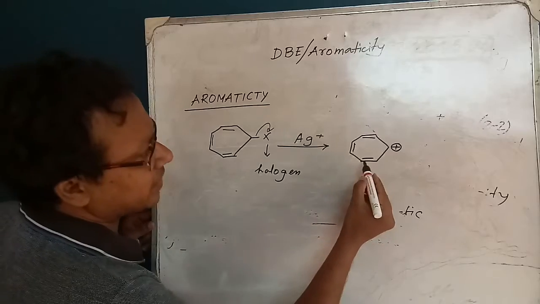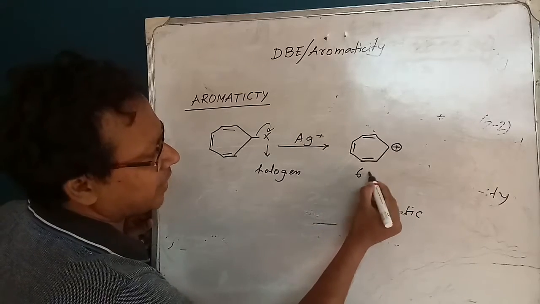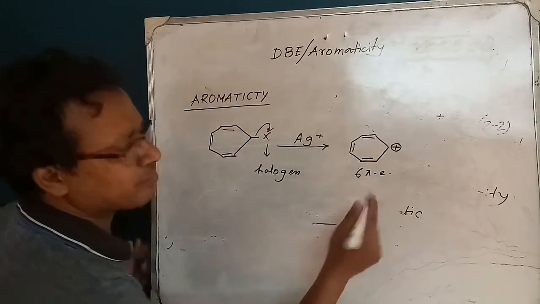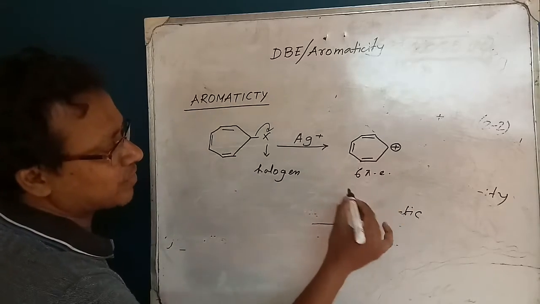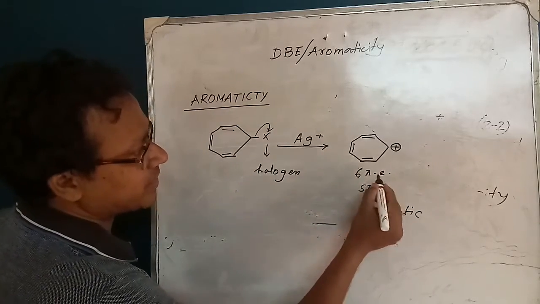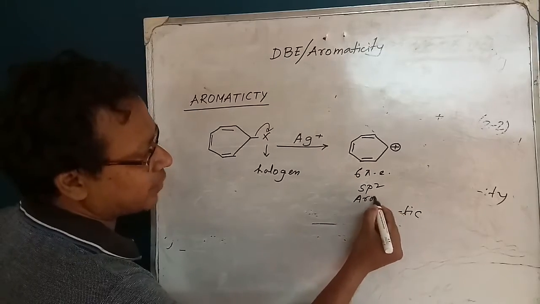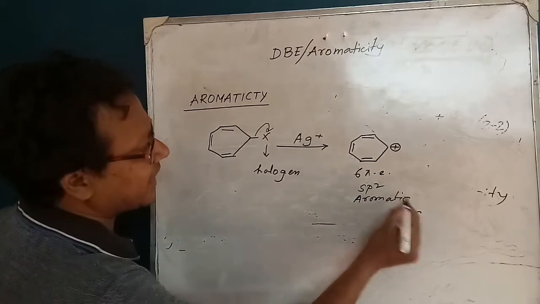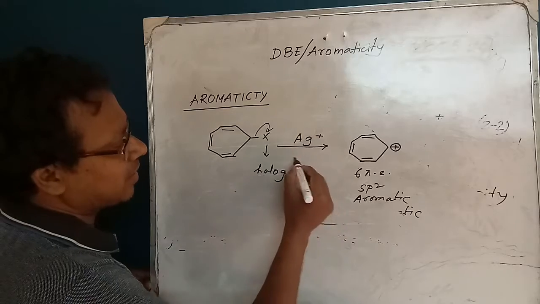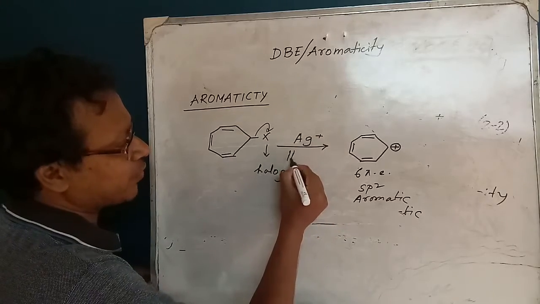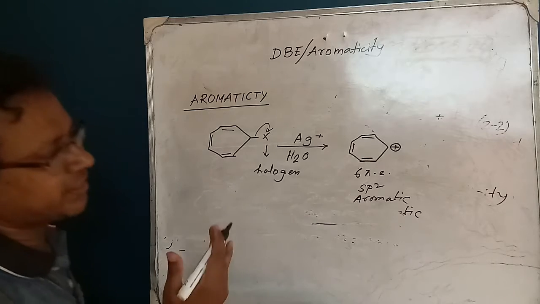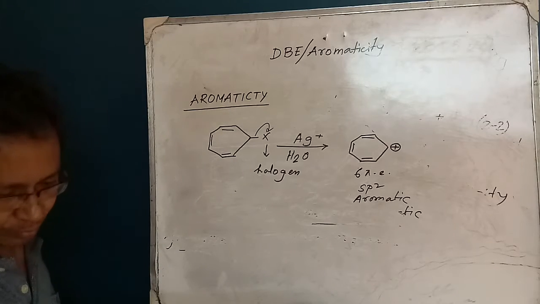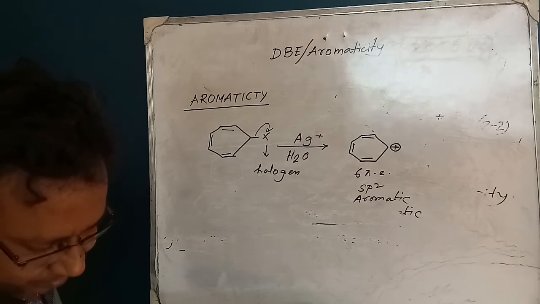It has 6 pi electrons, that means 4n plus 2 pi electrons, and all carbon atoms are sp2 hybridized, so it is aromatic. That's why it will easily hydrolyze. If it is in the presence of H2O, then it will easily hydrolyze to give the product.